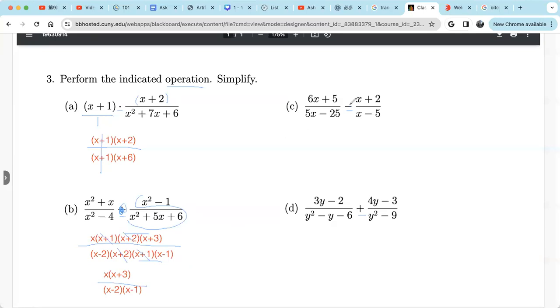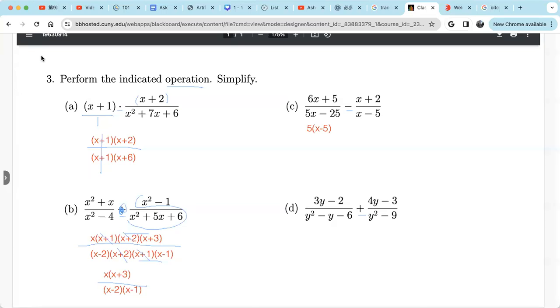C is subtraction. When we subtract two rational expressions, we need a common denominator. So the first denominator can be factored. 5x minus 25 can be factored as 5 times x minus 5.